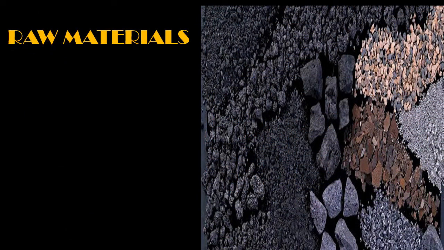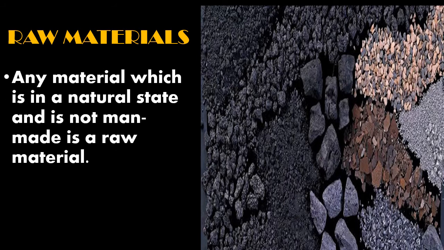Now the raw materials. What are raw materials? Anything which is in a natural state and is not man-made is a raw material. A raw material is the basic or natural material from which a product is made.